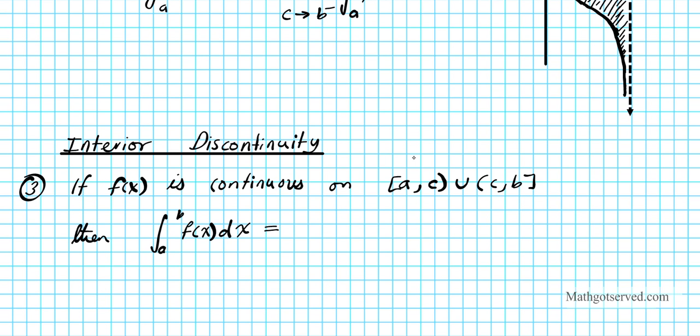So we're going to apply the right endpoint scenario here, and the left endpoint scenario here. This is a combination of both of them. It's not anything new, actually. So we're going to integrate from a to c of f of x dx, and then add it to the integral on the other side of the discontinuity, from c to b of f of x dx.